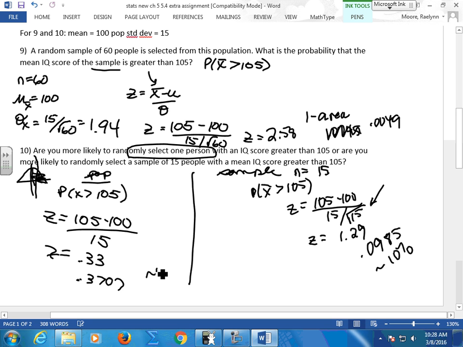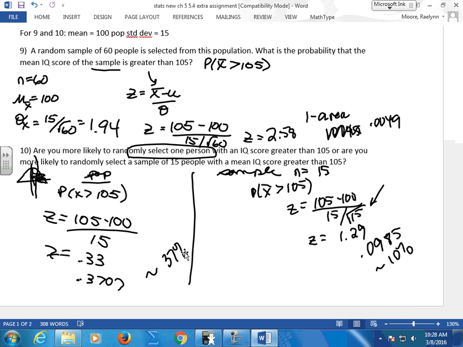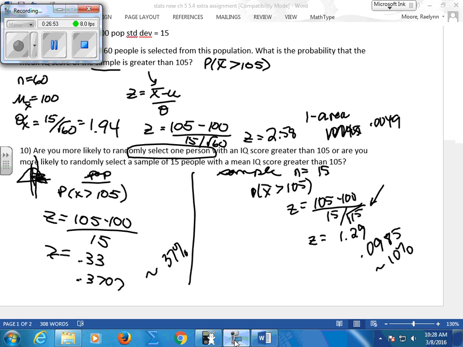This has about a 37% chance of happening. In this case, who has the better chance? The population. Usually it's the sample, but it depends which side of the fence you're on. Okay, so know how to do that. We good? We spent a lot of time doing these.